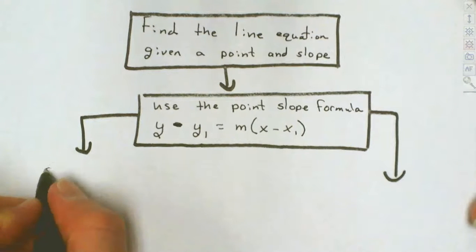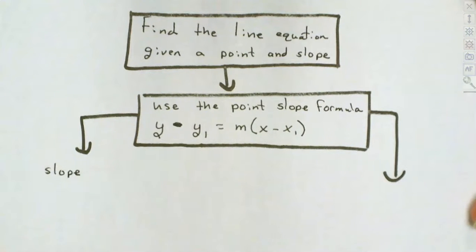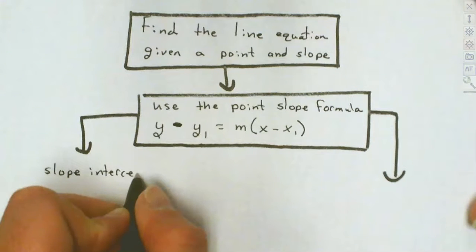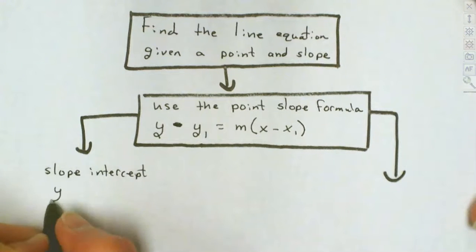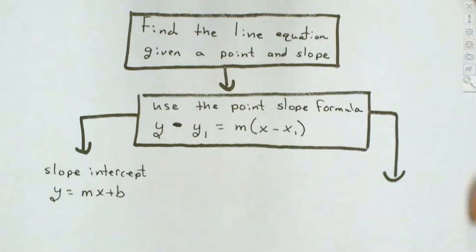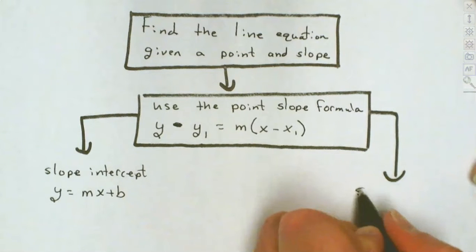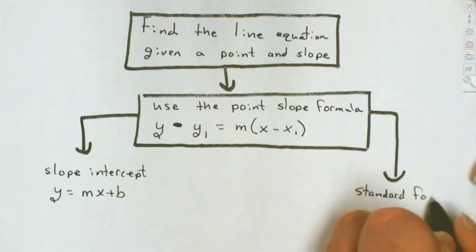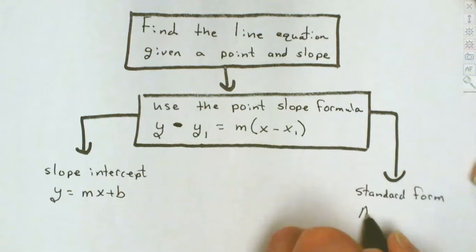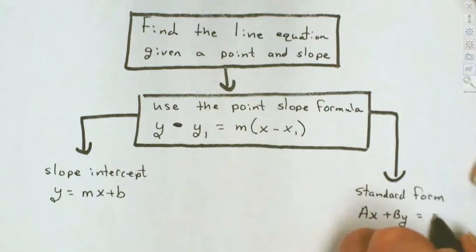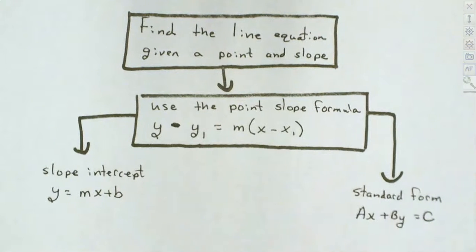So remember what slope-intercept form looks like. Slope-intercept form looks like y equals mx plus b, and standard form over here is ax plus by equals c.